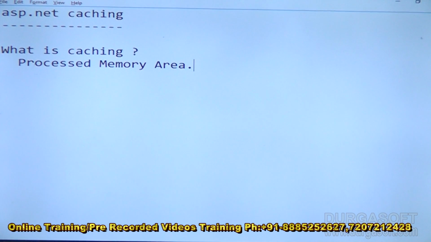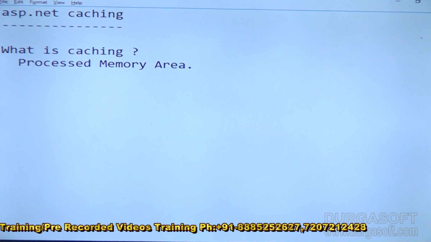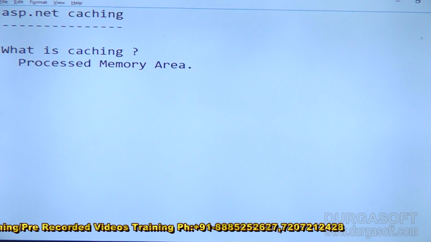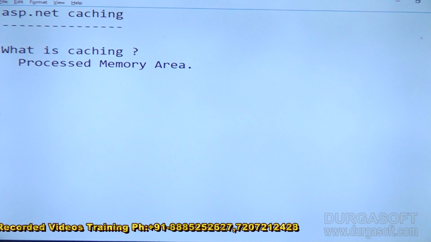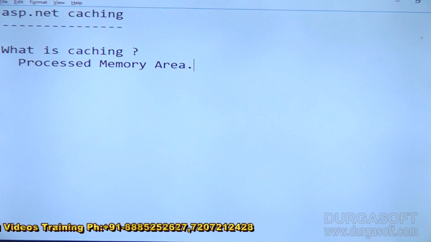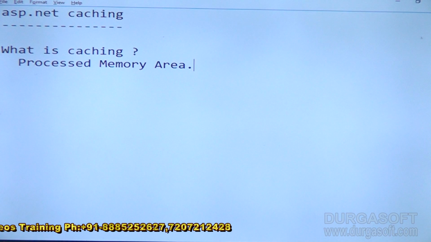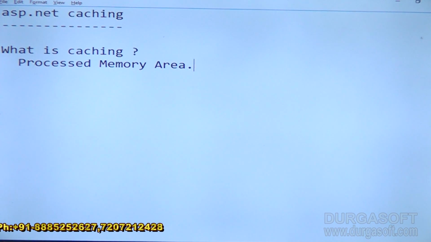That is normal processed execution. Now what is processed memory area, you know? The user makes a request again for 10 plus 20, and he gets 30 as the result, but this time the result that is produced after 10 plus 20 is stored in a memory area.